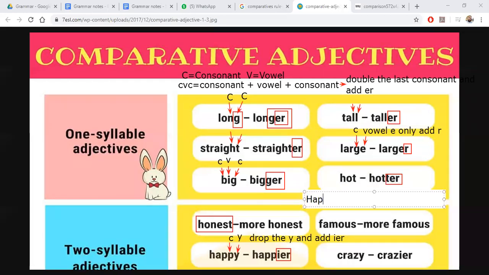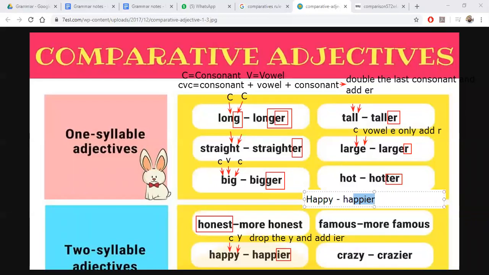For example, happy. How many syllables? Happy has two syllables. Hap-py. And happier, how many syllables? It has two syllables. Hap-pi-er, happier. Still two syllables.